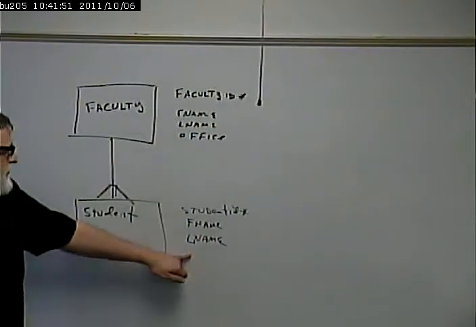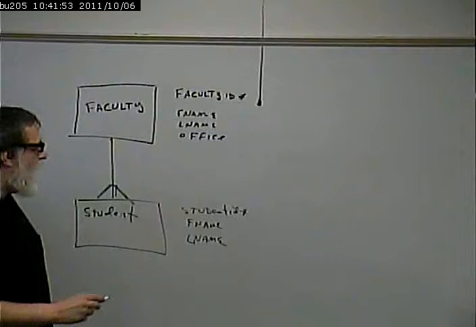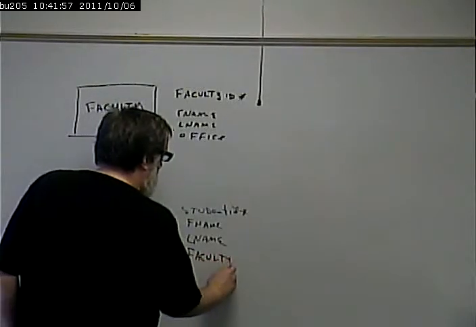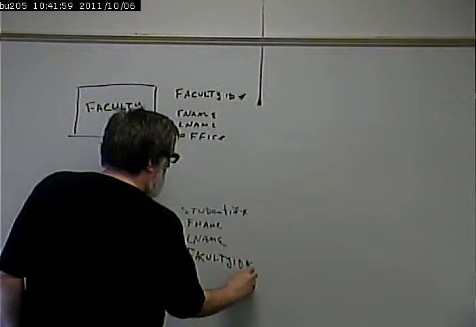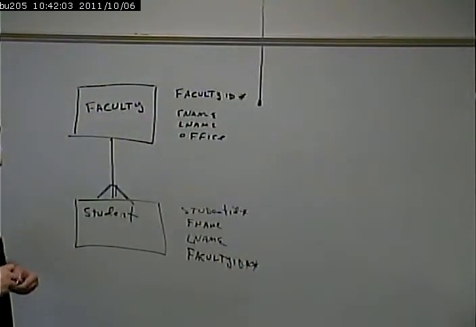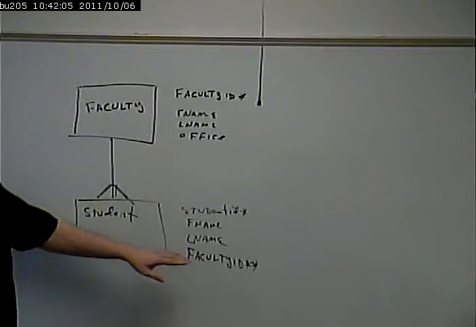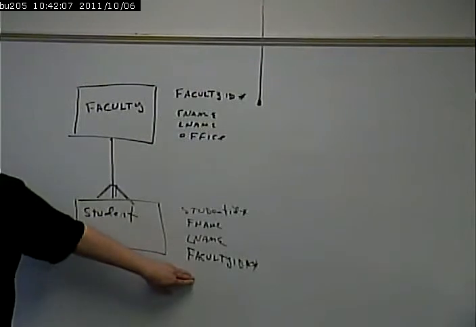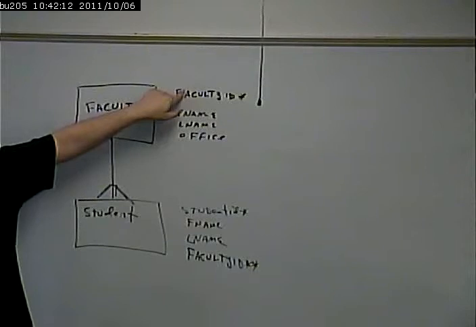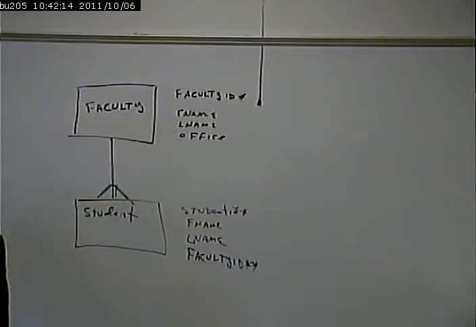I would put as a foreign key in the student table the faculty ID. And I'll put the 2 asterisks indicating that that's a foreign key. So in other words, each student can point to the one faculty member that's their faculty advisor.